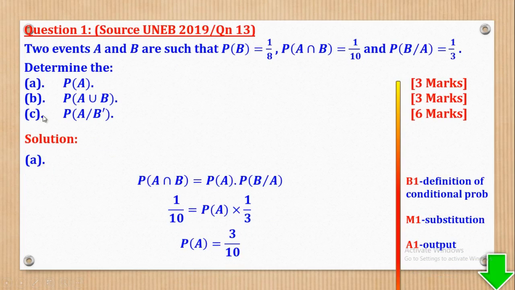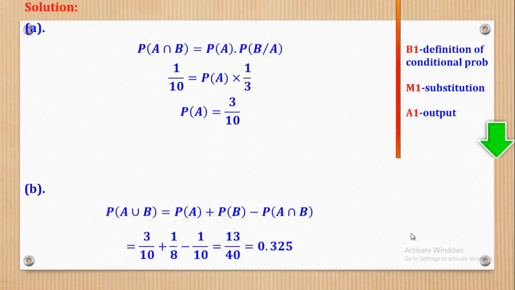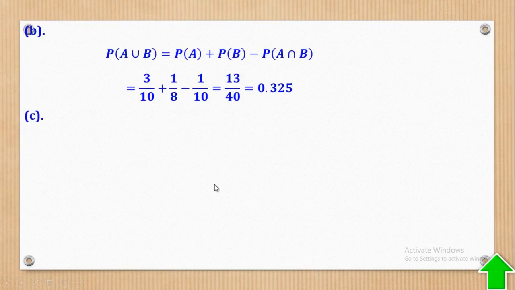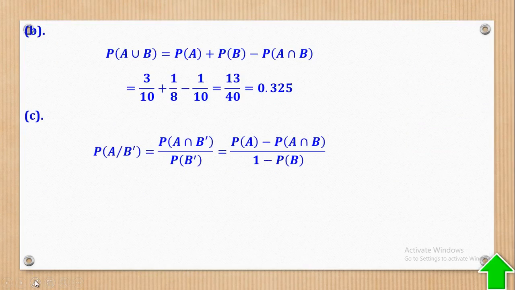Now part C, they want the probability of A given B complement has already occurred. So you have to remember the definition for conditional probability is equal to the intersection over what has already occurred. So in this case, intersection of these two is this one, which is A intersection B complement, and it becomes the numerator. Then the denominator is what has already occurred.